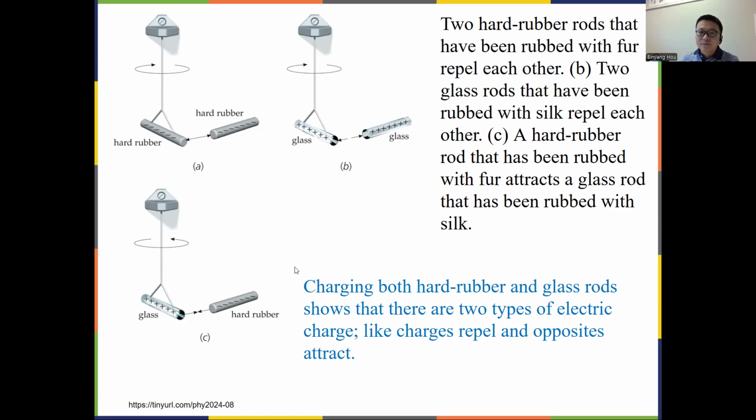You might be wondering how it was assigned which ones are positive and which ones are negative, but the sign of charges was originally just given. This is a convention. If you were to discover charges, say, a few hundred years ago, then you could have called them in the opposite way.